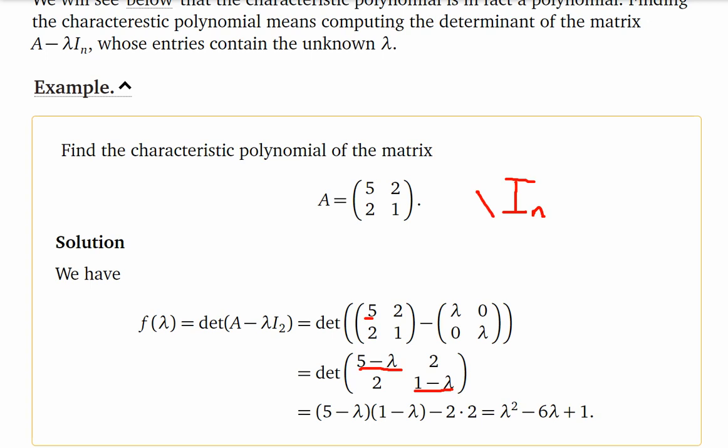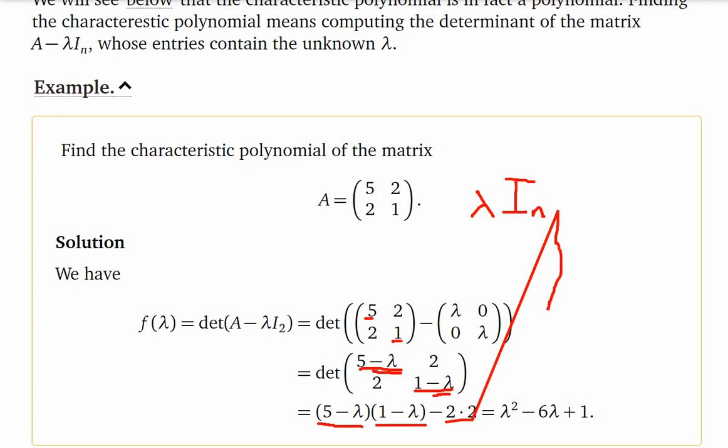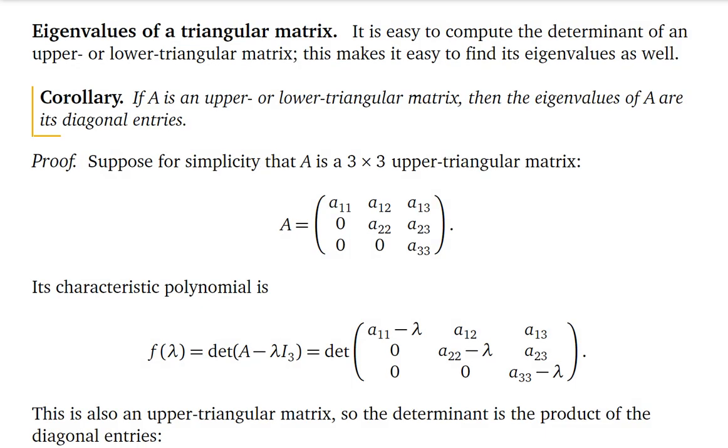So when I take lambda times the identity matrix, I'm putting a minus lambda after every single main diagonal entry. Then when I calculate the determinant, I have 5 minus lambda times 1 minus lambda, minus 4, which means I have this polynomial. That's my characteristic polynomial.